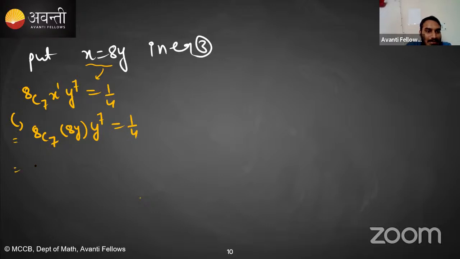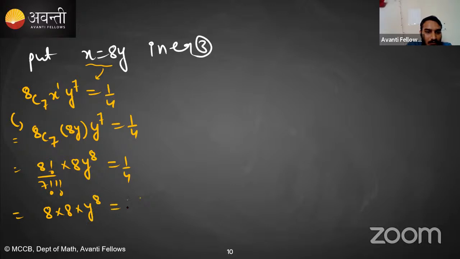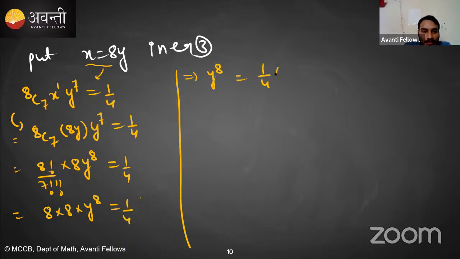So 8C7 can be written as 8 factorial divided by 7 factorial into 1 factorial, into 8 times y raised to the power 8 equal to 1 by 4. So 8 factorial divided by 7 factorial is 8. So 8 into 8 into y raised to the power 8 is equal to 1 by 4. Clear? So y raised to the power 8 is equal to 1 by 4 into 1 by 8.